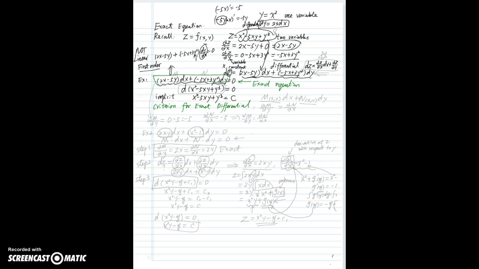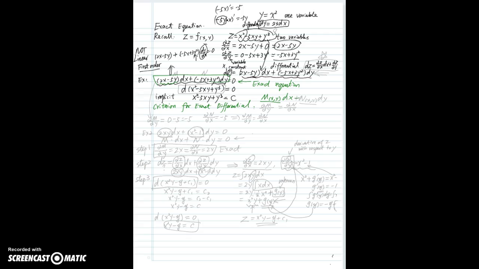Well, what we need to check is, if I call the coefficient function of dx m, that is the function in front of dx. If you look at this example 1, the function in front of dx is 2x minus 5y. That's our m function.